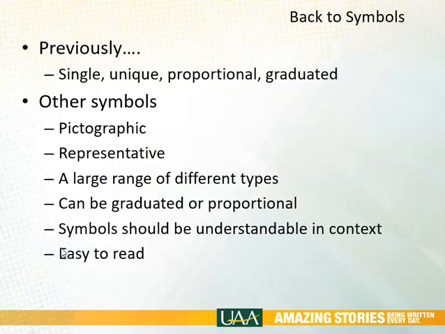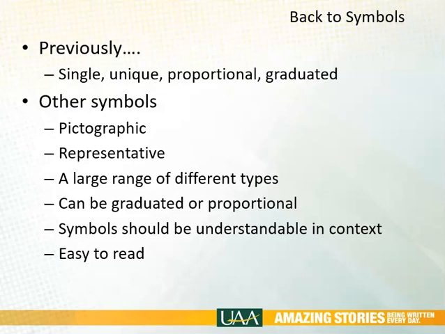When we talked about symbols in the past, one of the things that we looked at was different types of symbols that showed either single, unique, proportional, or graduated points, or circles, or lines, or something like that. And you've already experimented a little bit with those in some of the very first maps that you made.